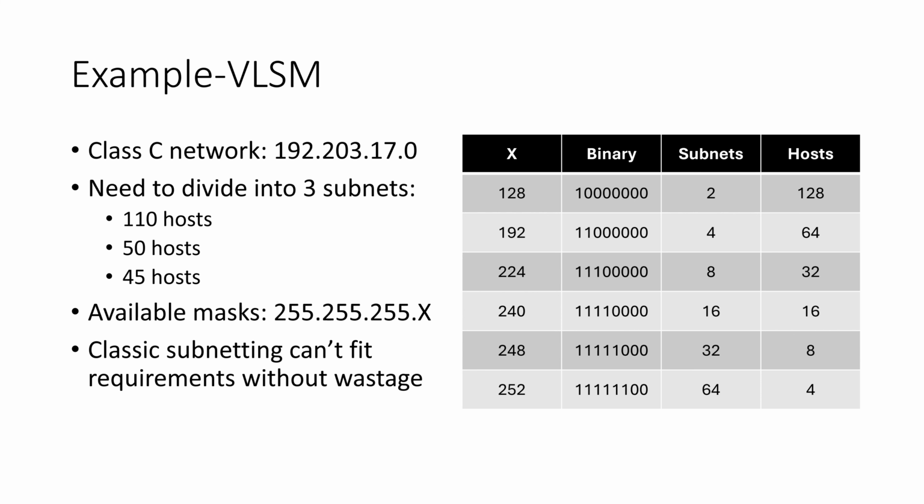And the problem is none of these neatly fit 110, 50, and 45 hosts without wasting a lot of addresses or falling short. For example, you need to allocate 128 addresses for the 110 host subnet, and another 64 address block for a 50 host subnet, wasting quite a few addresses in this process. This is where VLSM steps in and saves the day.